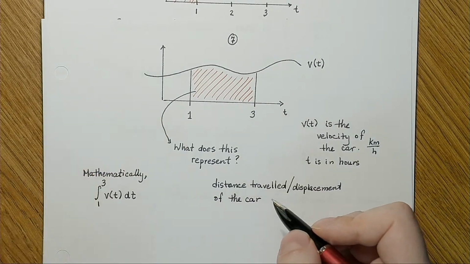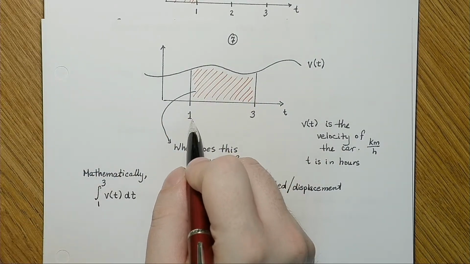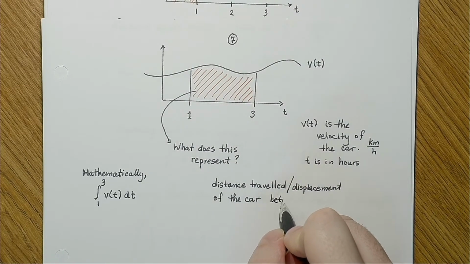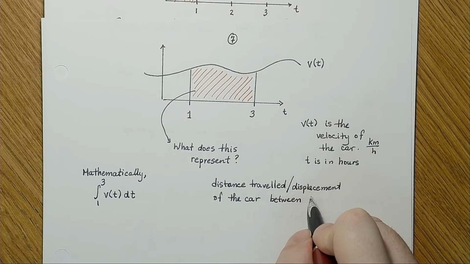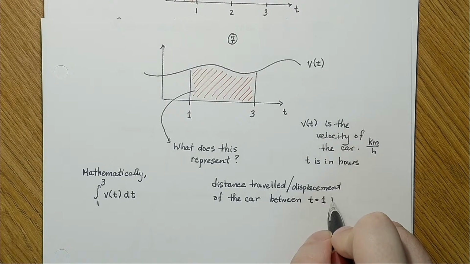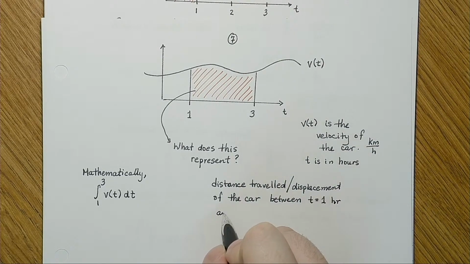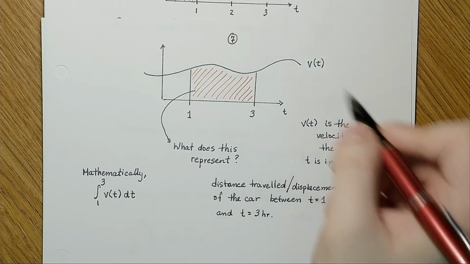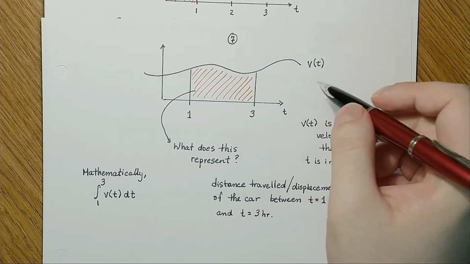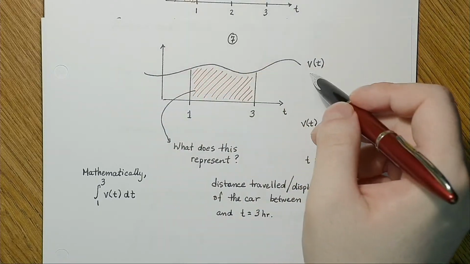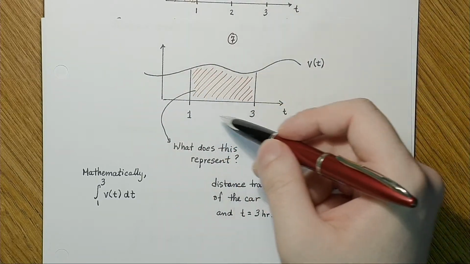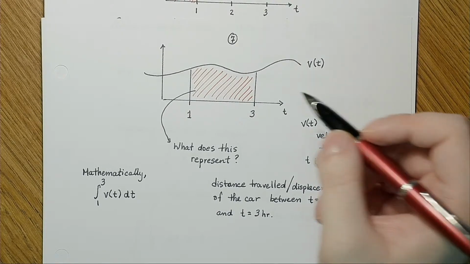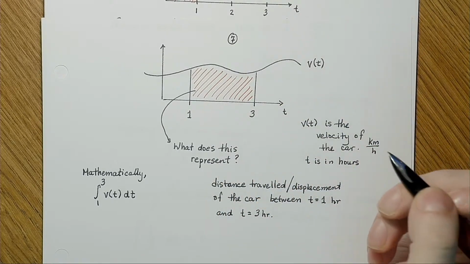But we also have the added information that it's between 1 and 3. So between t equals 1 hour. And so what this says is if you had some sort of recording device on your car, this area between 1 and 3 is the amount of distance traveled between hour 1 and hour 3.